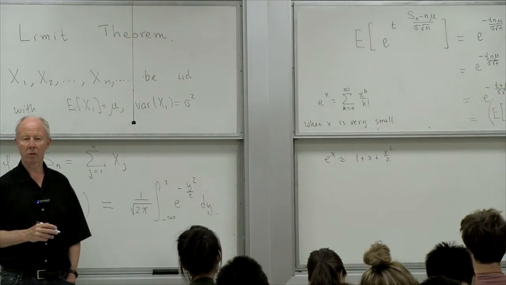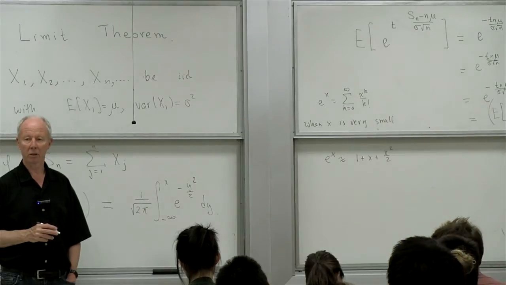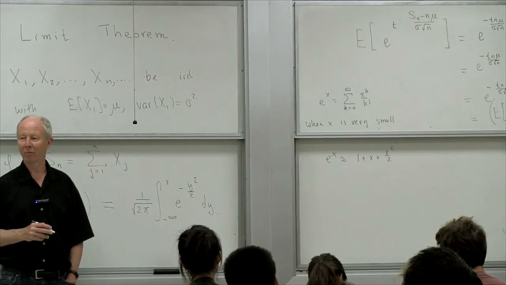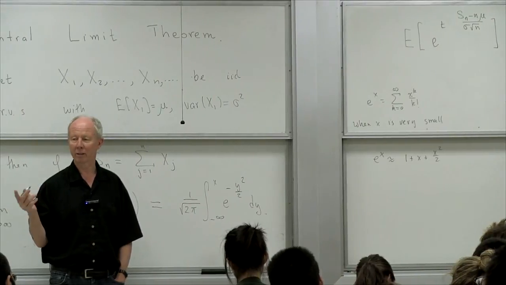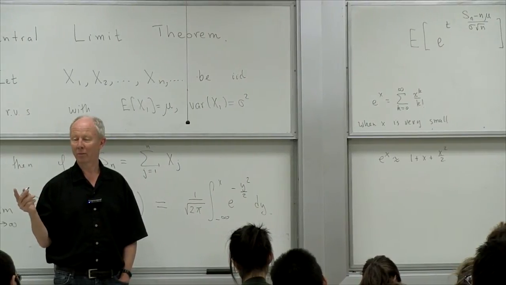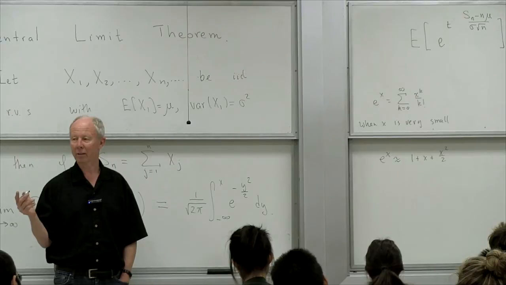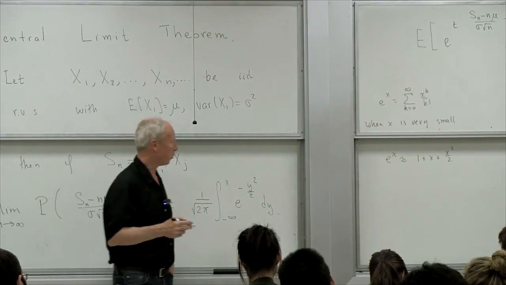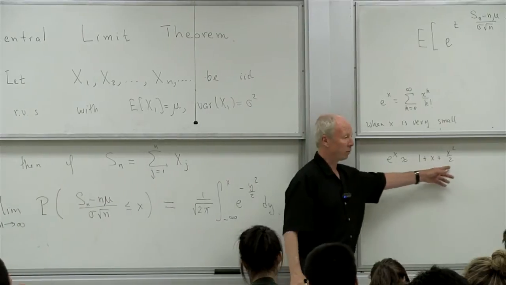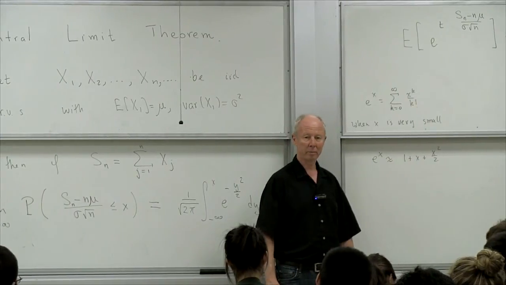Because what happens to powers of really small numbers? They get even smaller, right? Like 10 to the minus 3, if you cube that, that's 10 to the minus 9, which is a lot smaller than 10 to the minus 6, right? So in other words, you can ignore terms past this when x is really small.